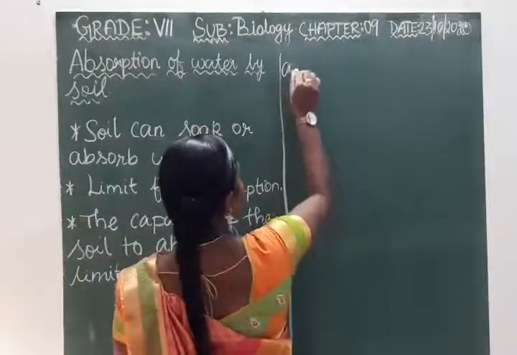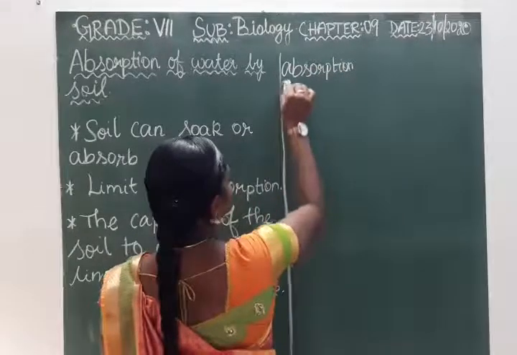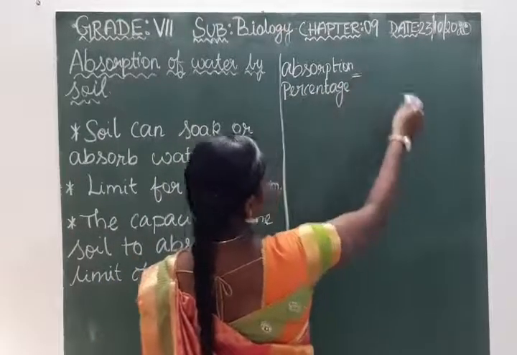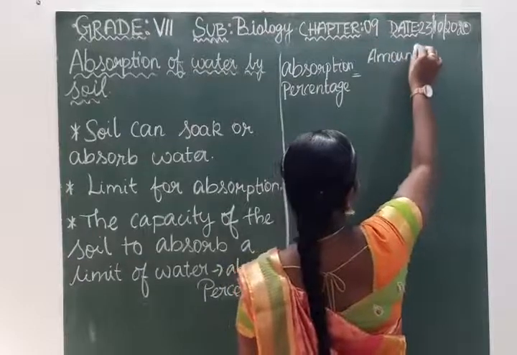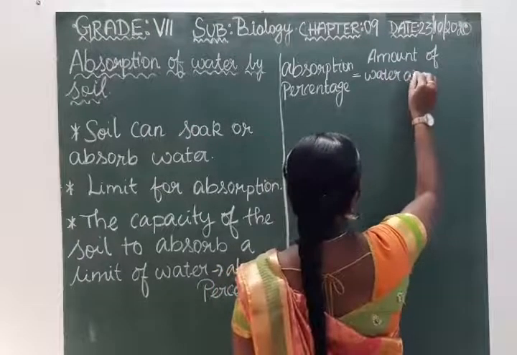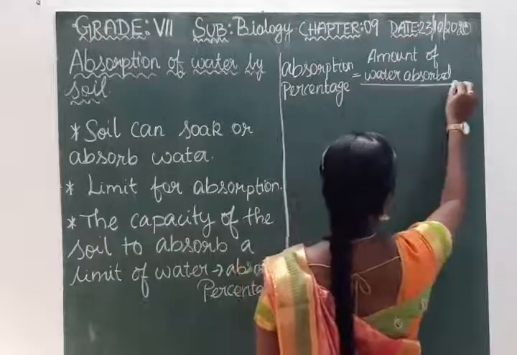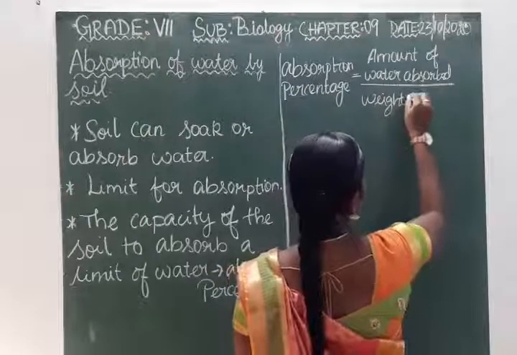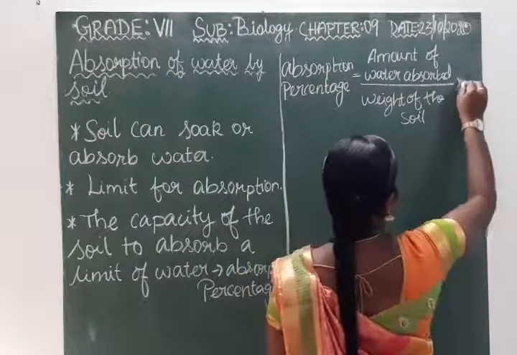Absorption percentage is equal to the amount of water absorbed divided by the weight of the soil, multiplied by 100.